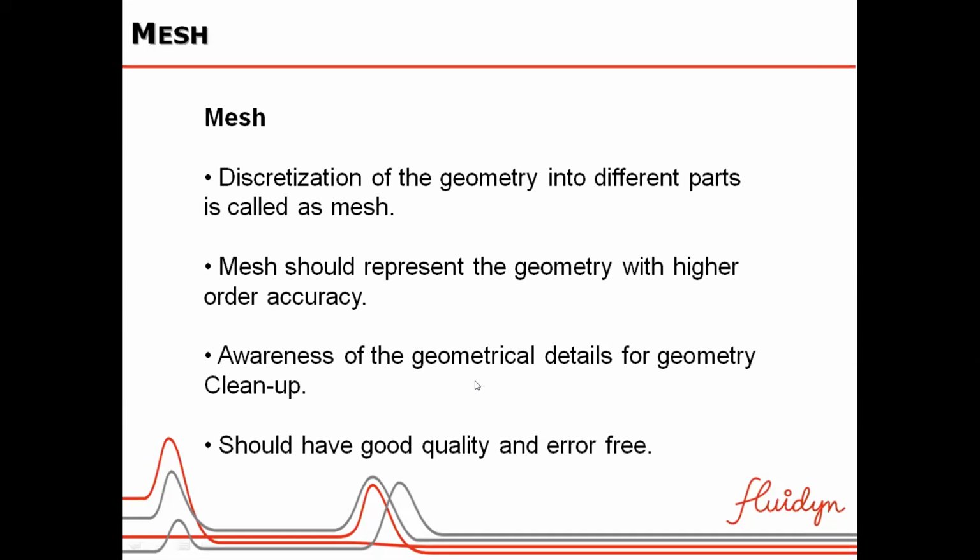Whenever we create a control volume on that geometry, it will lead to a sudden rise or sudden decrease in element size when comparing the adjacent area with the area near the nut. That will create a quality issue.